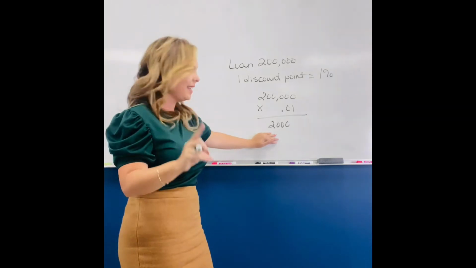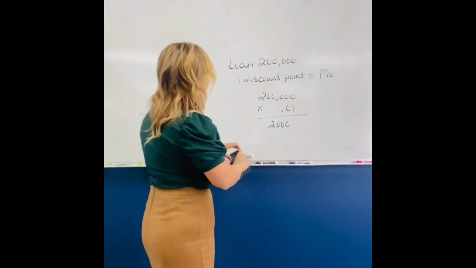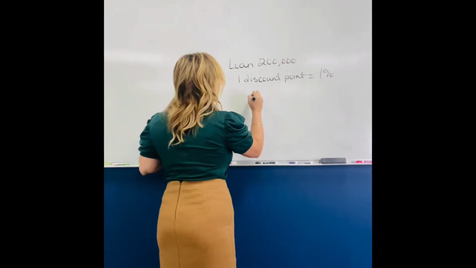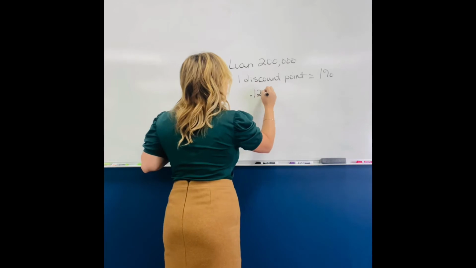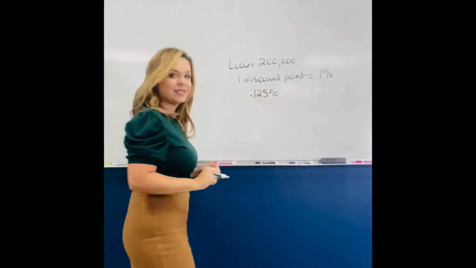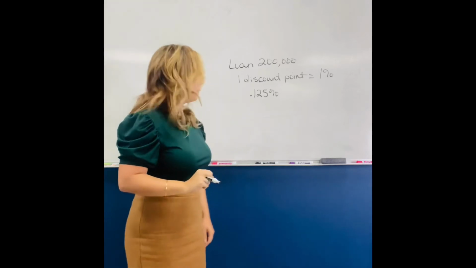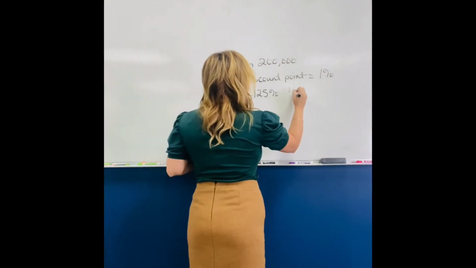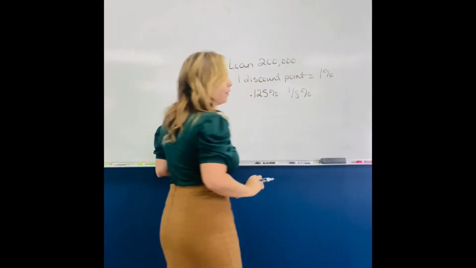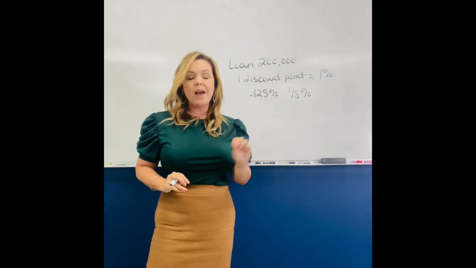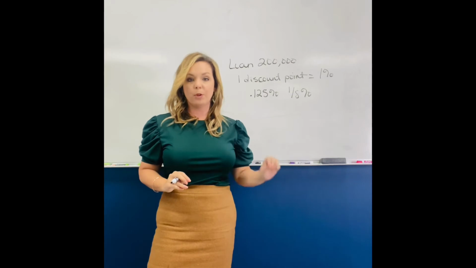Now, what is one discount point? One discount point amounts to 0.125%. Now, if you look at this, it would be an 1/8 of a percentage. So each discount point is 1/8 of a percentage.